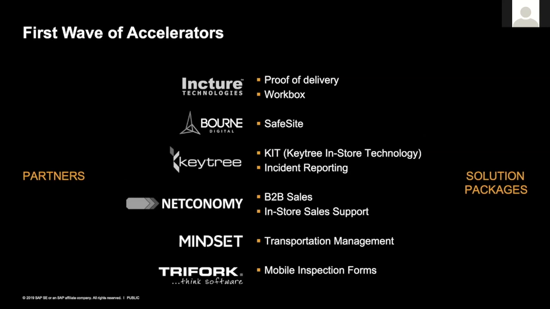And what's important for us is that this is a key point also for extension and adding additional value to the solutions you see here. So the solutions you see here from the first wave of the accelerators, on the left-hand side, the partners. And as I mentioned, many of them have had the opportunity to already talk about what they delivered and also talk about great customer successes.